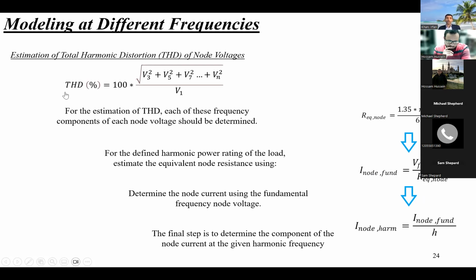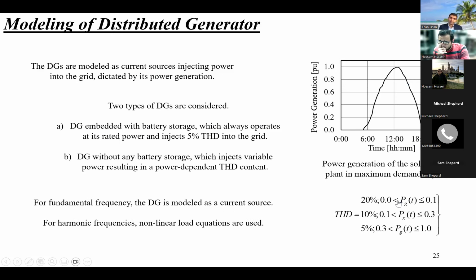And then we calculate our percentage THD using this formula. So for estimation of THD, each of these frequency components was used. And for calculating our harmonic current, these are the three steps: step number 1, step number 2, step number 3.